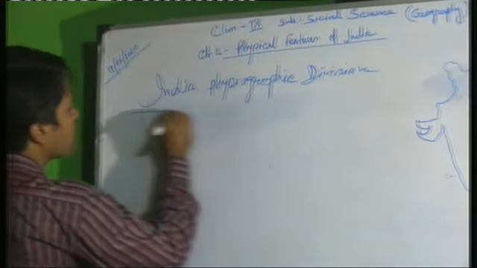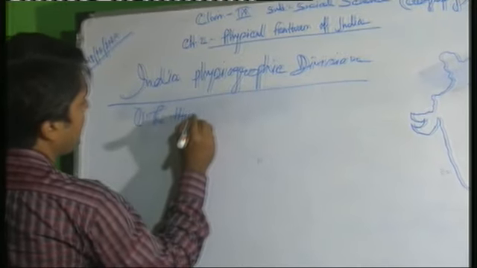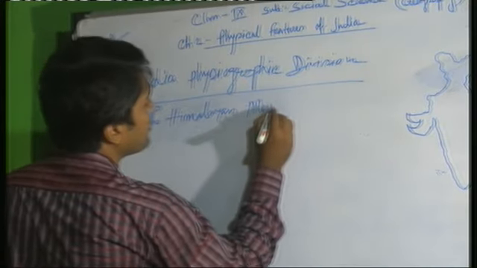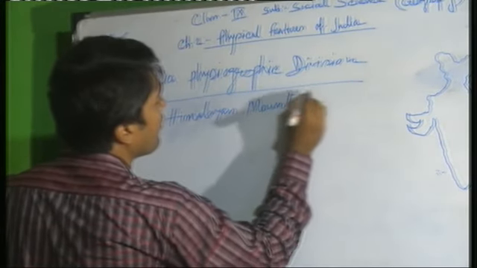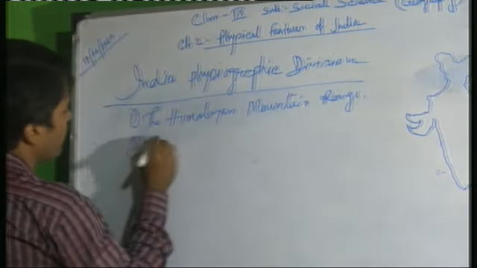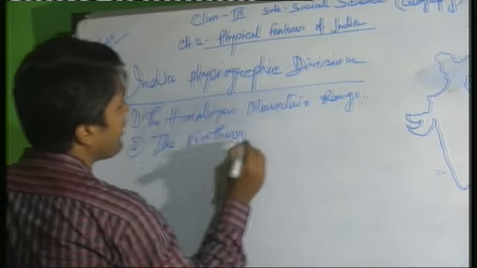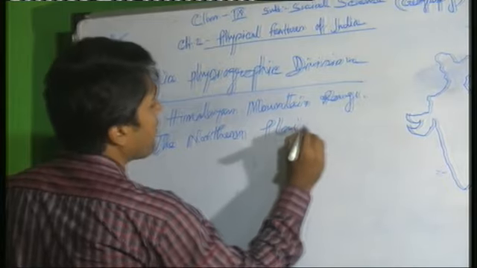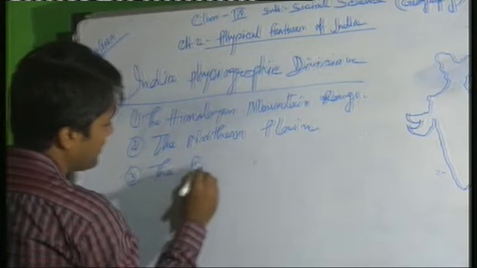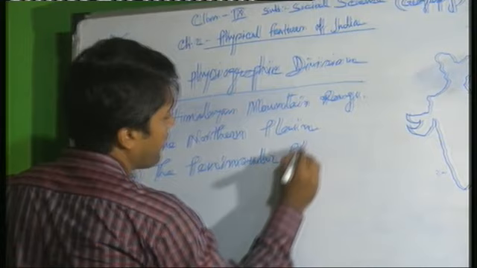The first one, the Himalayan mountain range. Number 2, the northern plain. Number 3, the peninsular plateau.